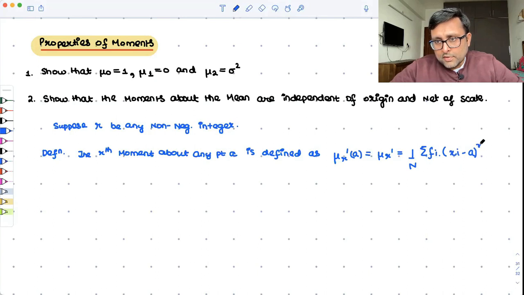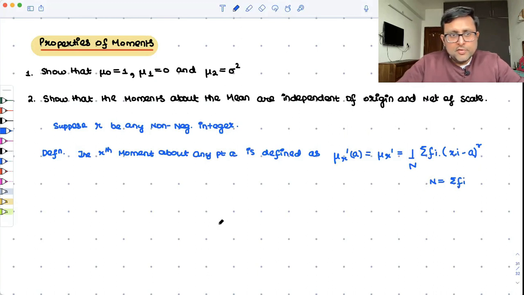Right, to the power r, where n is nothing but equal to summation fi, a frequency.